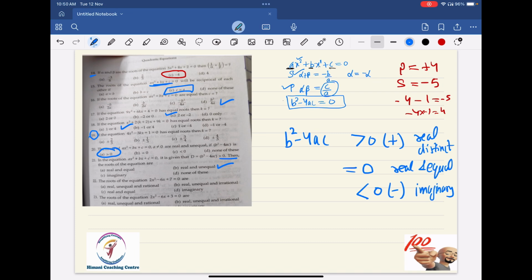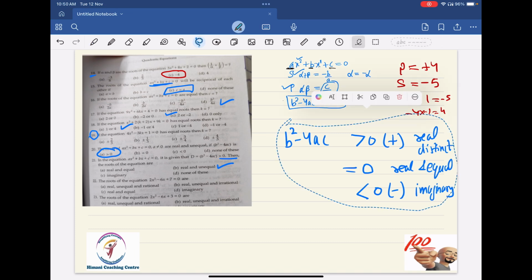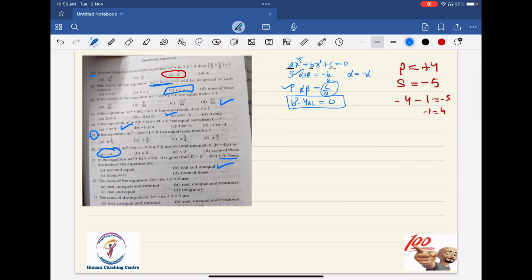Now let us look at the next question, which says we are given an equation 2x square minus 6x plus 7 equals 0. We are supposed to figure out what kind of roots are there. So let us do b square minus 4ac.